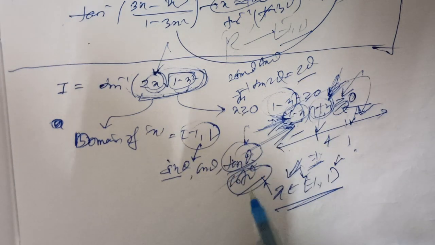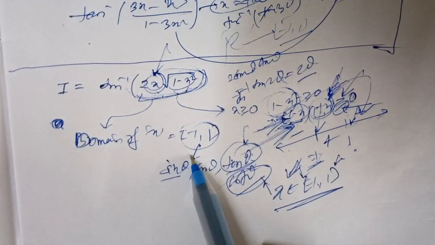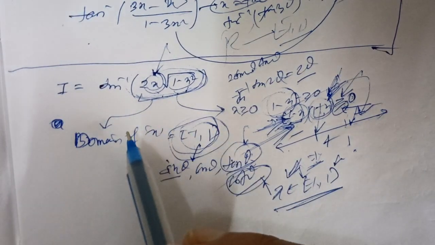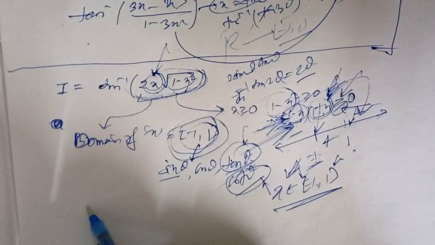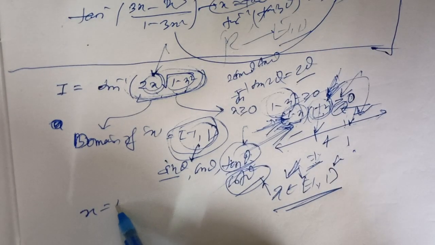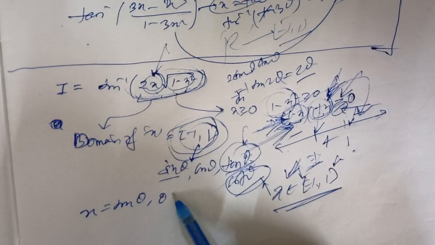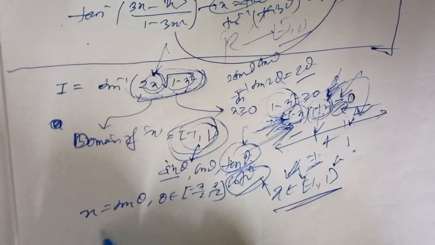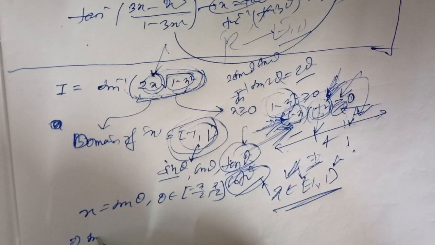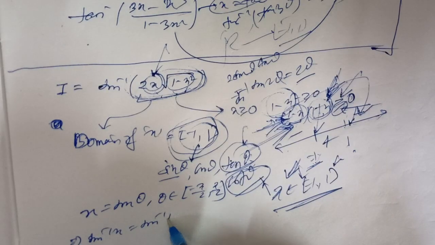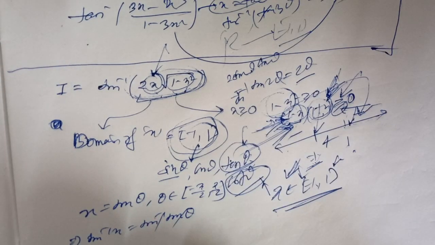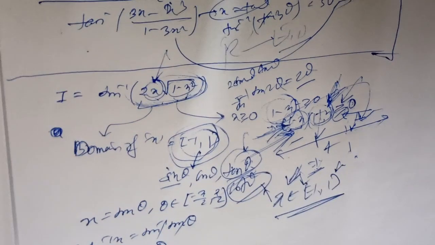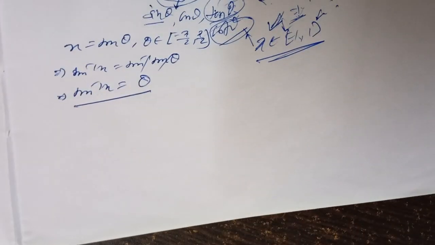Okay, therefore we can put x to be sine theta, because we can actually get all the values. Now if you put x equal to sine theta, obviously the domain that I'm going to take is the principal domain, so that I can write this.